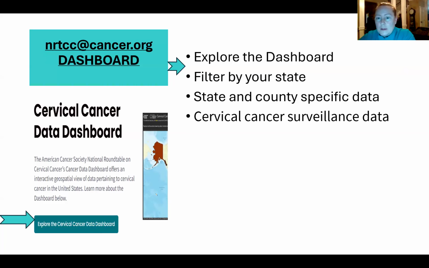And this one, I'm not going to say it's over my head, but this one, again, is very dense. So as you go in, be prepared. It even takes a while to load this up. But it's really interesting to see cervical cancer surveillance data, not just for your state, but for the communities within your state. That, for me, was really not too surprising. Most of my state is very remote or rural.